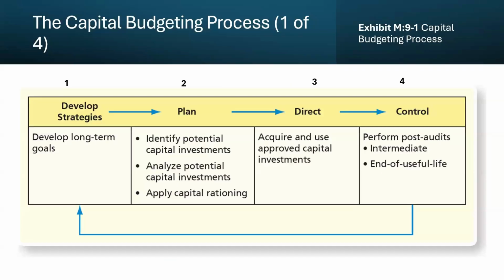Now, the capital budgeting process begins with developing strategies. Now, these strategies are the long-term goals of the business, such as expanding international operations or becoming a value leader in one market while diversifying into others.